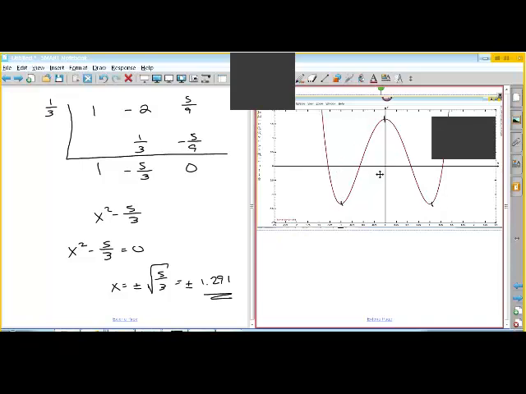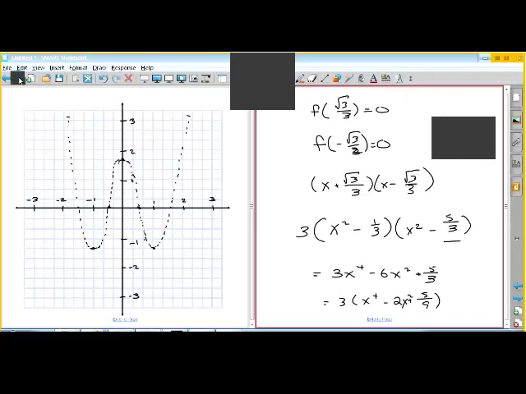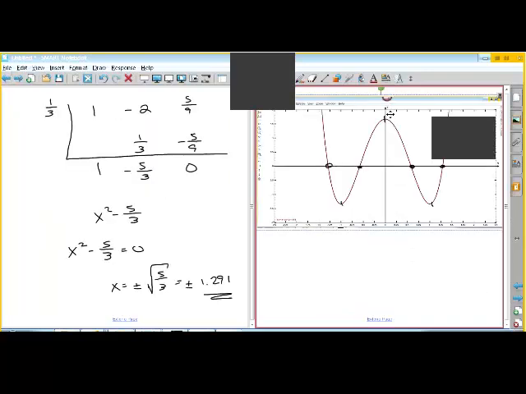So these were our critical numbers. We had 3 critical numbers. Our point of inflection, where was our point of inflection? Oh, it was actually right in the middle here. That's also where our zeros were. So we got those 2 zeros, 2 points of inflection. Then we were able to get these other two zeros. So it crosses the x-axis 4 times. Our y-intercept, we never did calculate that, but it's 5/3. So this is 5/3.